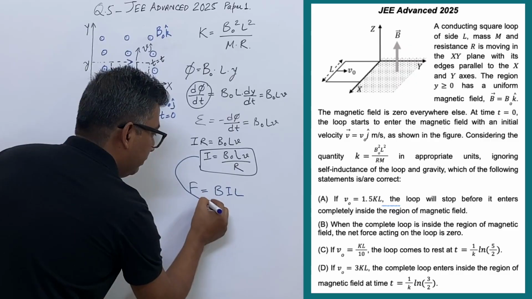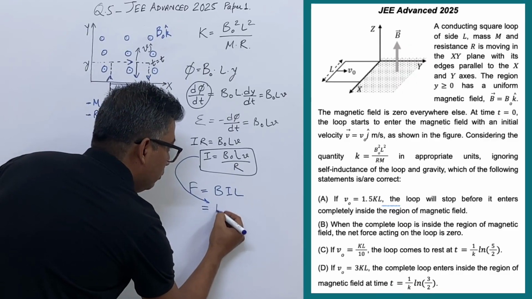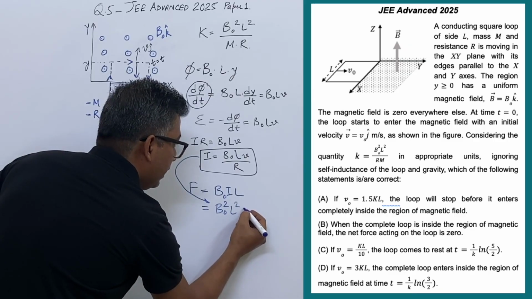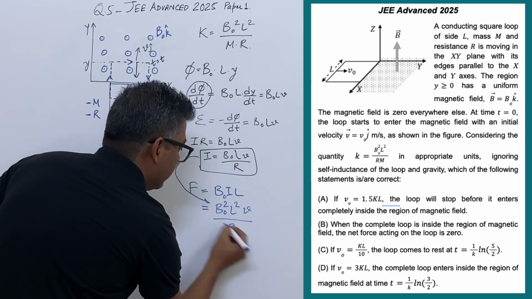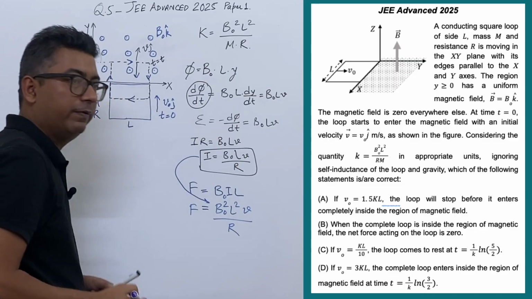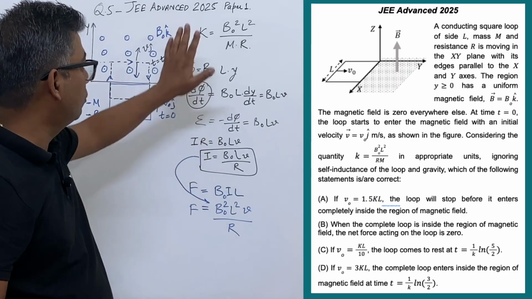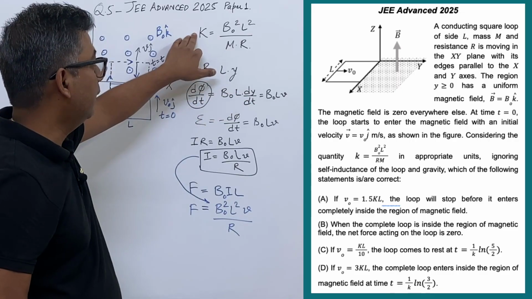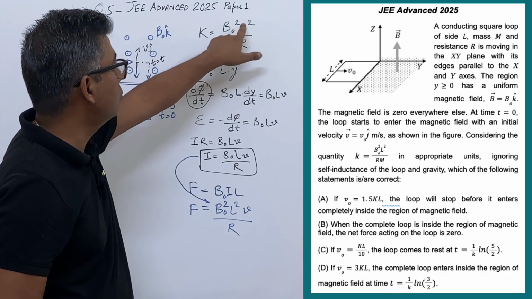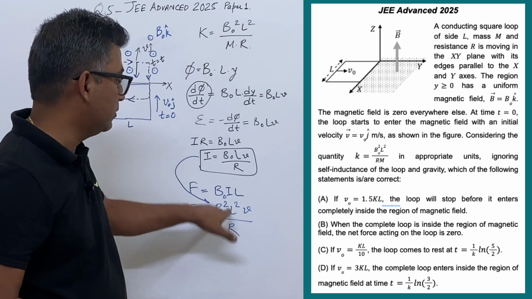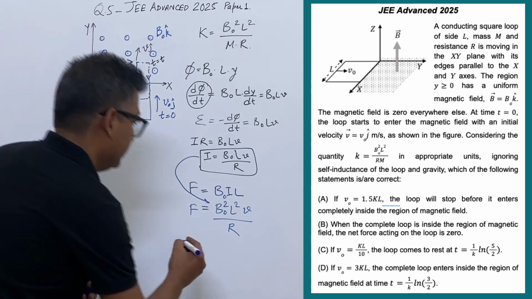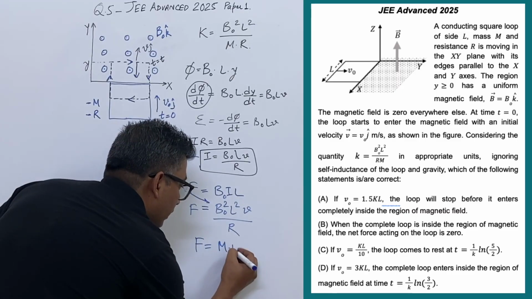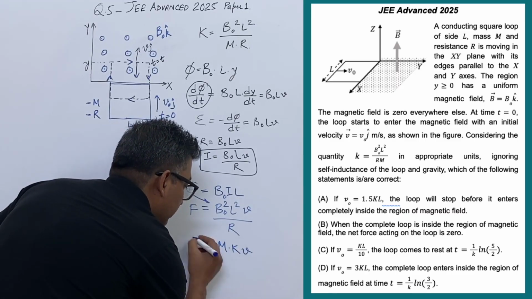From here, we'll apply the value and we'll get V naught square L square V by R. So we got the force value. And there is a constant which has been given. If you move M near K, you will see that V naught square L square by R is this value. So I can simply say F is nothing but K times V.